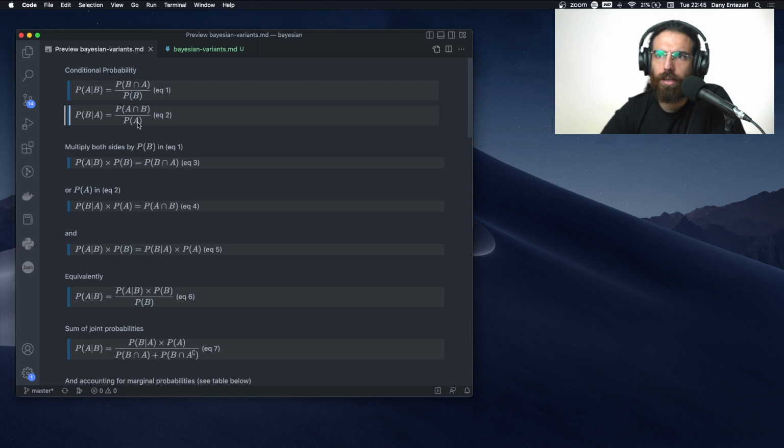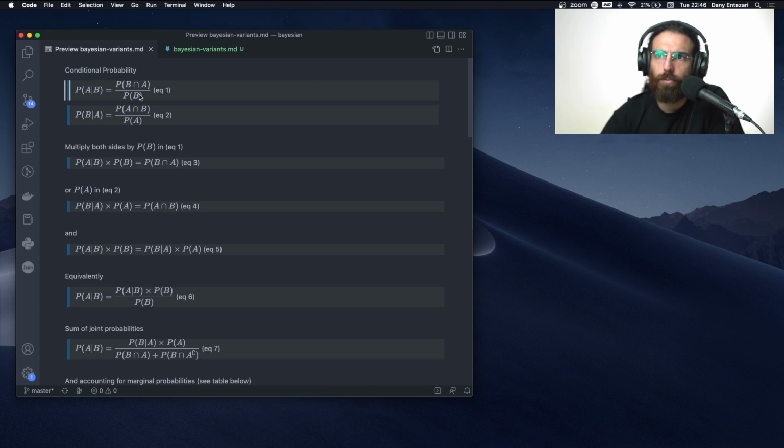Instead, in the denominator, we would have had A instead of B. The numerators obviously are equivalent. When you perform the intersection of two sets, it is commutative, so the order doesn't matter.